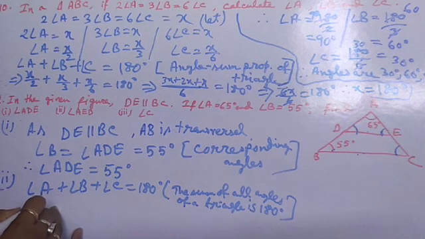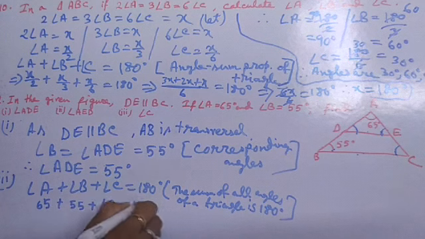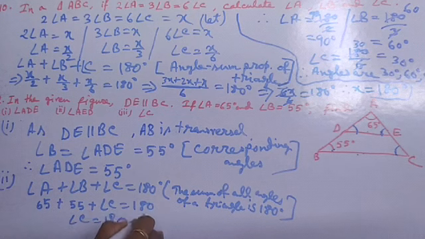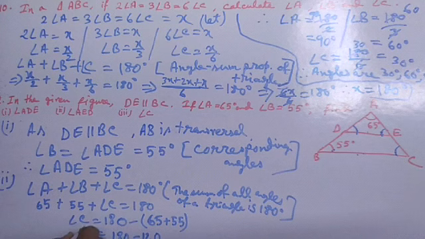So here 65 plus 55 plus angle C equal to 180 degree. Then angle C equal to 180 minus 65 plus 55, it will be 180 minus 120, then this is 60 degree. So angle C equal to 60 degree.